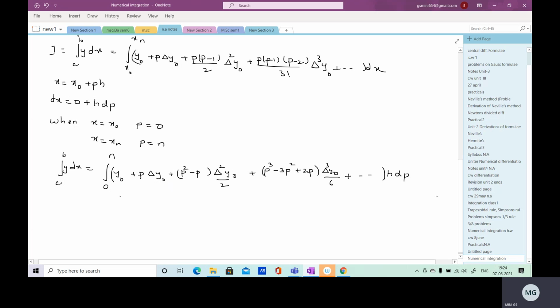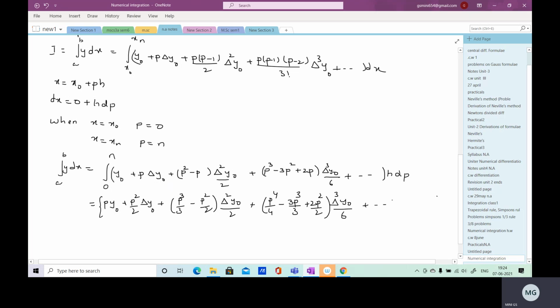So this is equal to, now I am doing my integration: p times y naught plus p square by 2 del y naught plus p cube by 3 minus p square by 2 into del square y naught by 2 plus p power 4 by 4 minus 3 times p cube by 3 plus 2 times p square by 2 times del cube y naught by 6 plus etc.